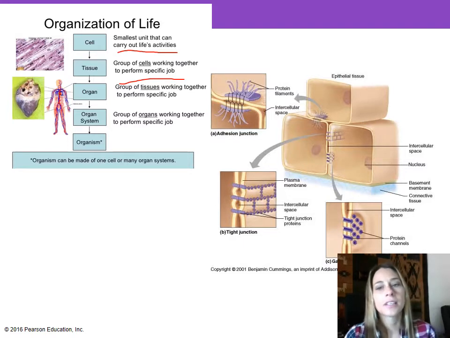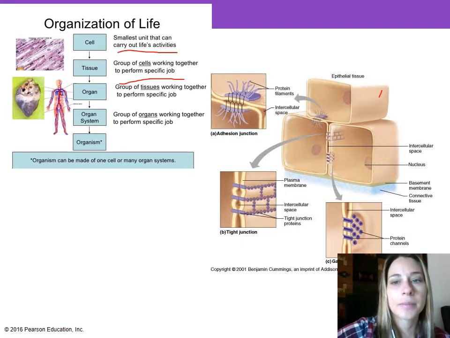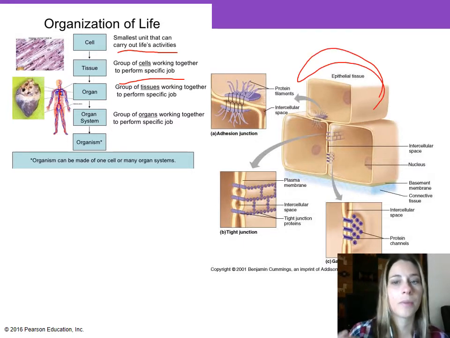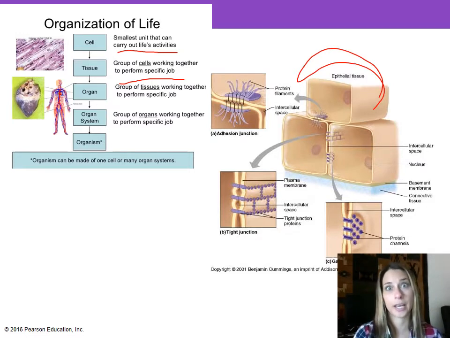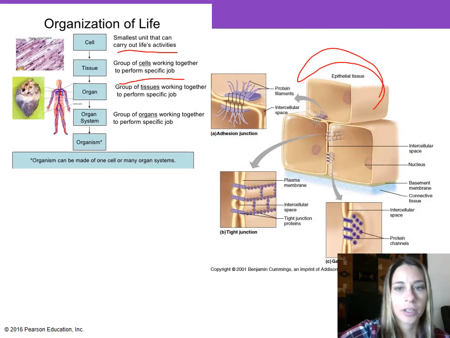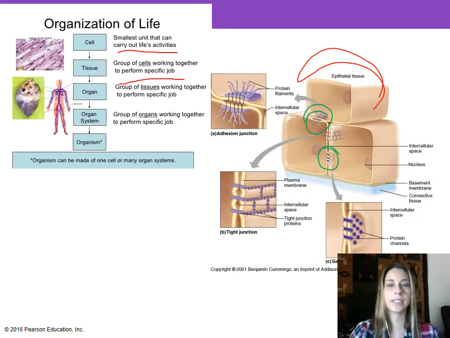Here's how that works. We have over here some example cells from an epithelial type tissue, which we'll look at again a little bit more. But what I want you to pay attention to are these little junctions. A junction is a meeting point, an intersection. At these places where cells meet and touch, you find different types of adhesion junctions. They form lattices, networks, and tether cells together, helping them stay really close.